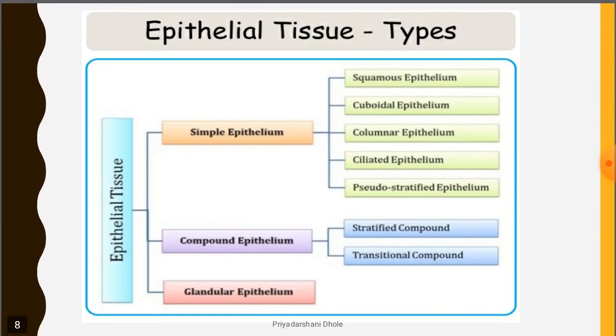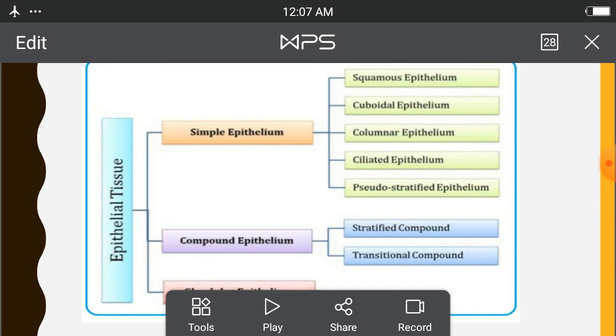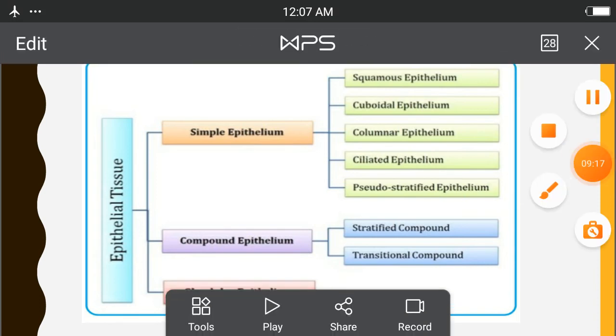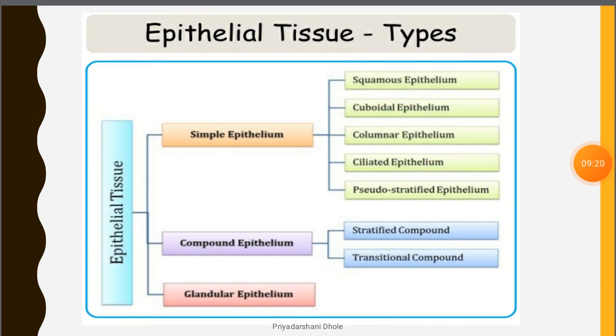Now these are some important types of epithelial tissues: simple epithelium, compound epithelium, and glandular epithelium. Simple epithelium is again five types: squamous epithelium, cuboidal epithelium, columnar epithelium, ciliated, and pseudostratified epithelium. And compound is two types: stratified and transitional.